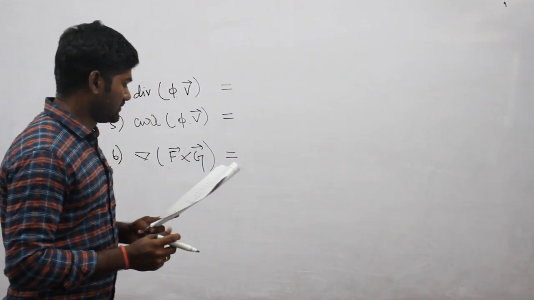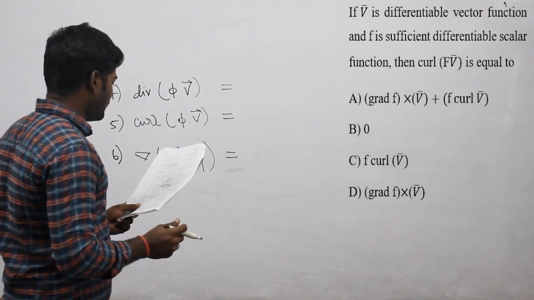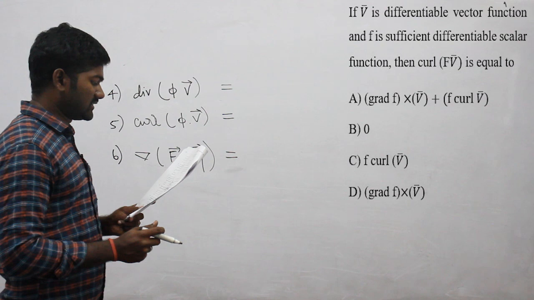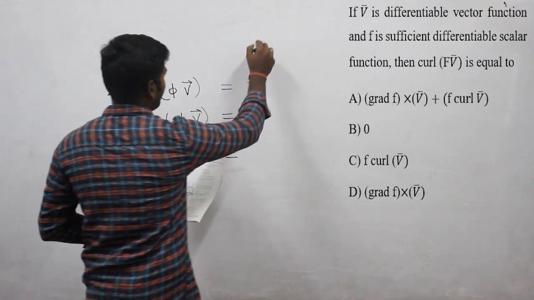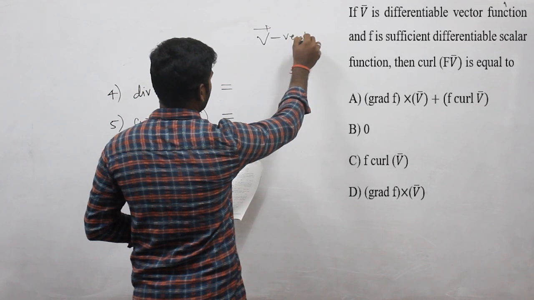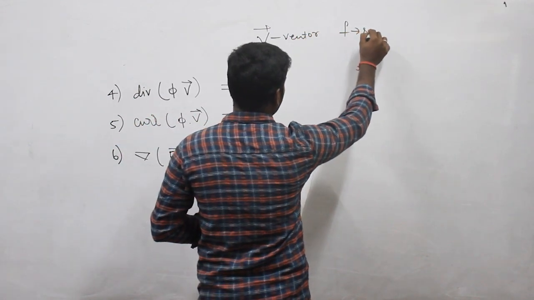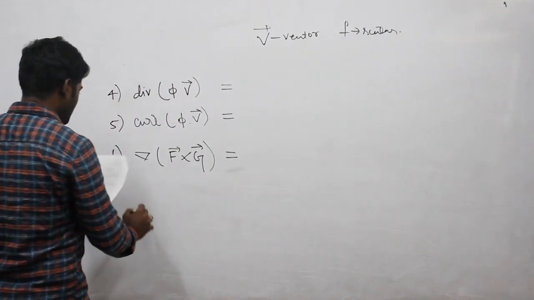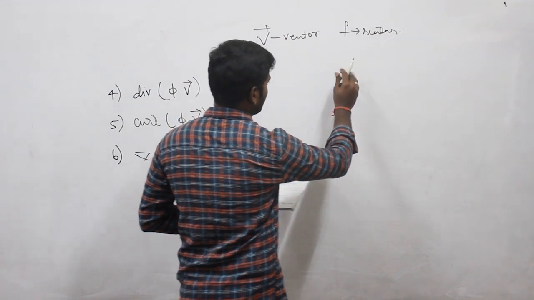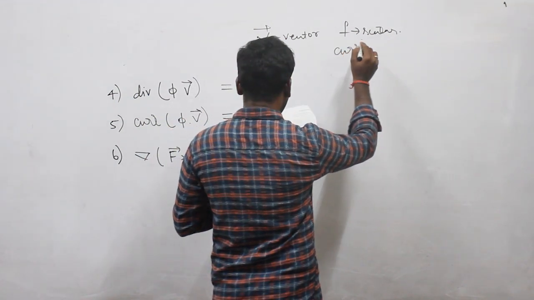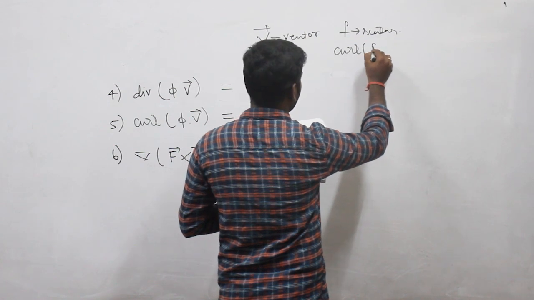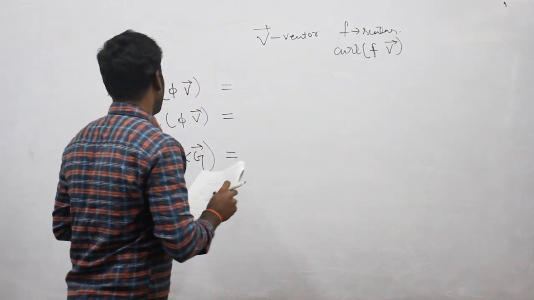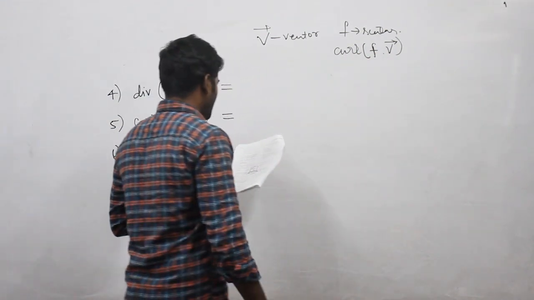Then the solution of the 17th question. If v vector is a differentiable vector function and f is a sufficiently differentiable scalar function, they have mentioned v vector is the vector function and f is called the scalar function, right? Then they are asking curl of f into v vector.